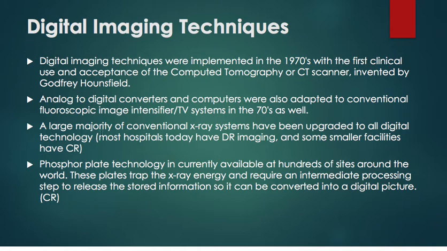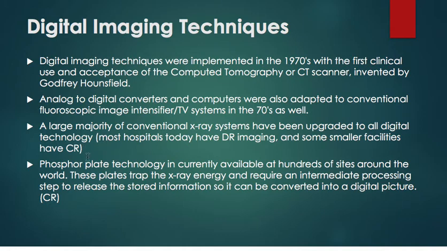A large majority of the conventional x-ray systems that we have in the hospitals have been upgraded to digital technology. Most hospitals today have what we call DR imaging. It's digital recording. Some of the smaller facilities haven't. They still have CR, computed radiology, and I'll break down the difference of those in just a minute.